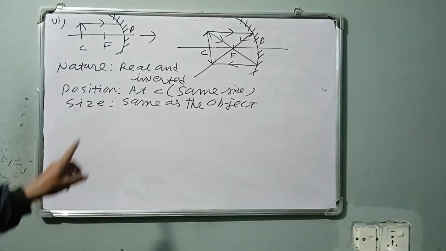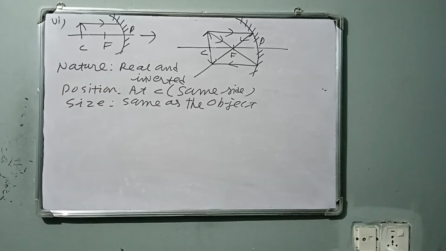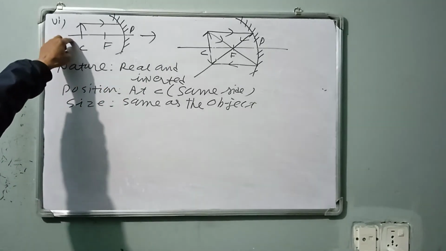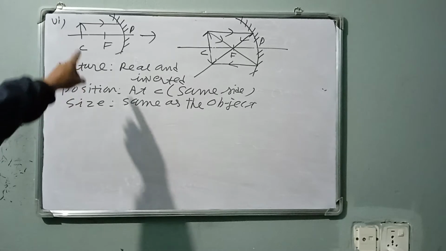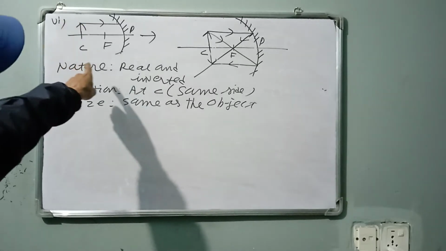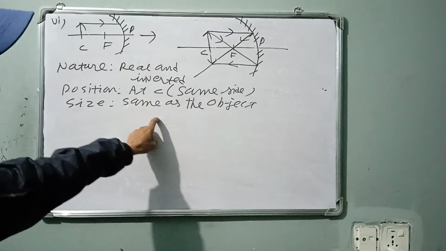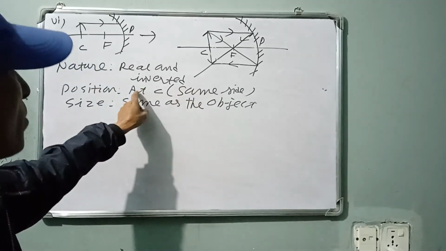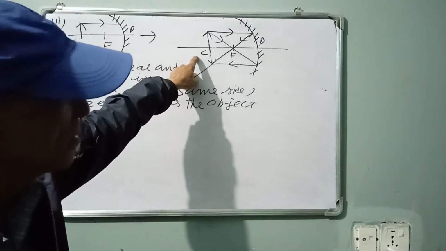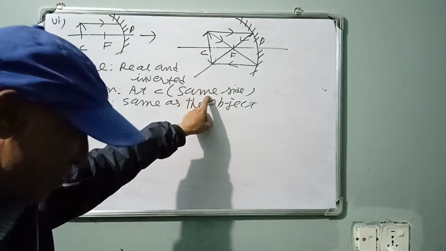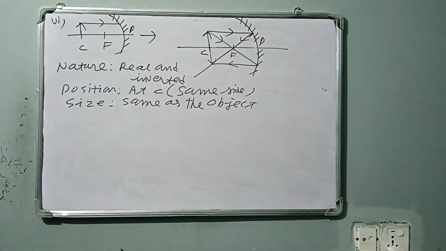How to write down in one sentence? When an object is placed at C, at the center of curvature, a real, inverted and same sized image is formed at the same point on the same side.